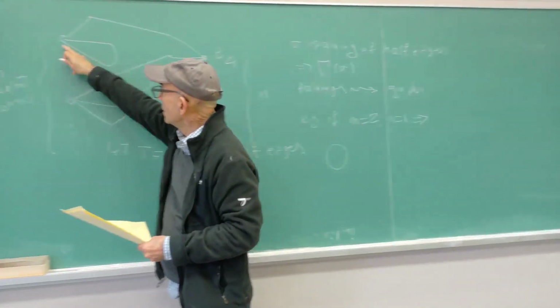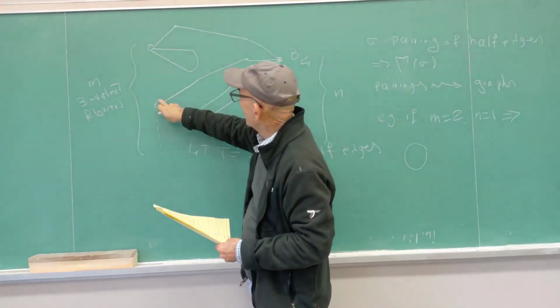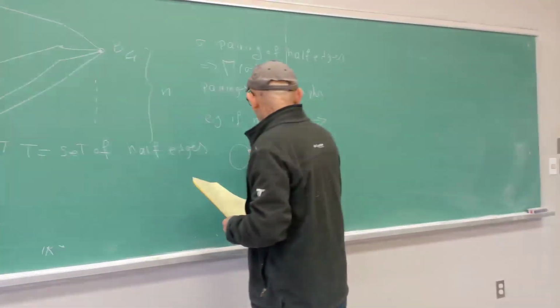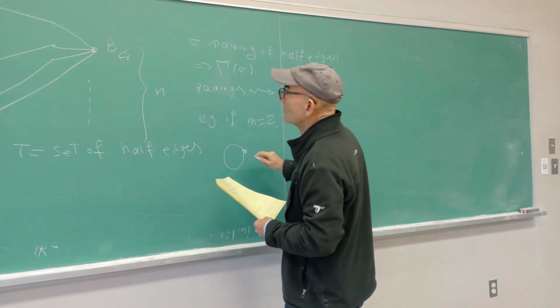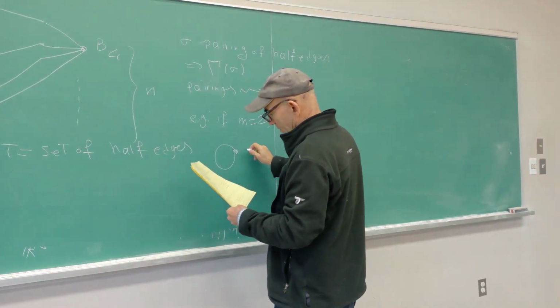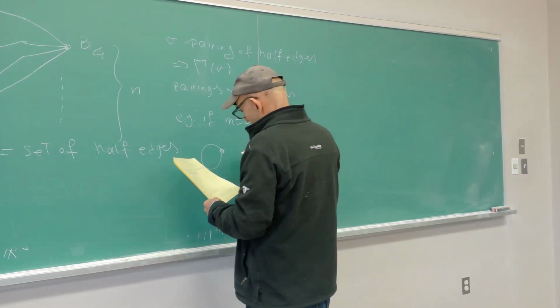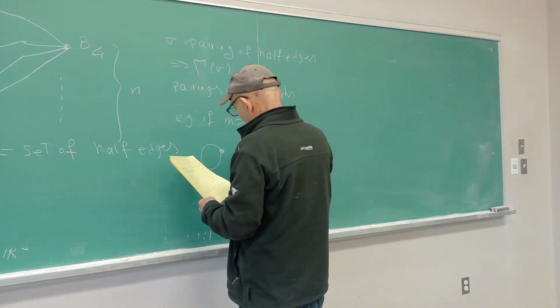You get the graph with two trivalent vertices and one 4-valent vertex.